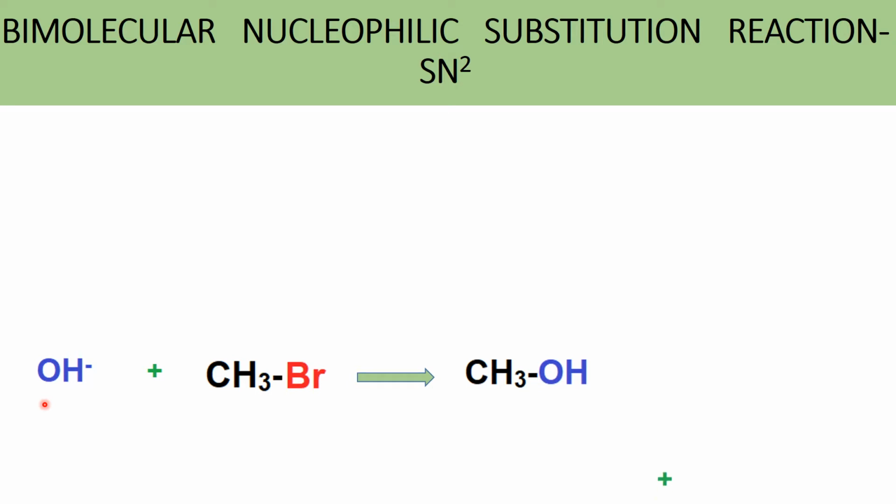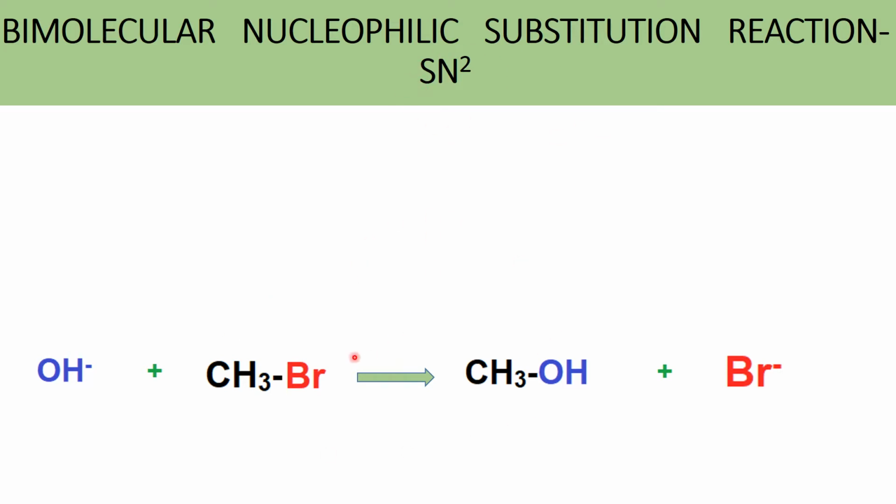Bimolecular nucleophilic substitution reaction, that is SN2. Here you can see a reaction between methyl bromide and hydroxide ion to yield methanol and bromide ion. It is a typical example of SN2 reaction.